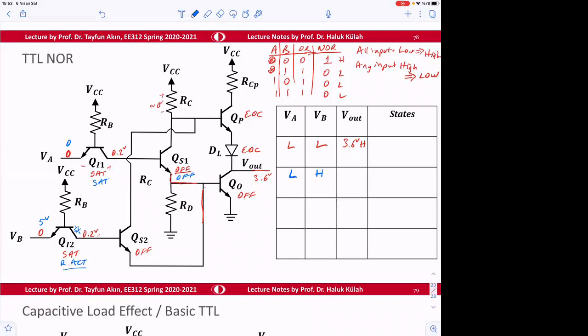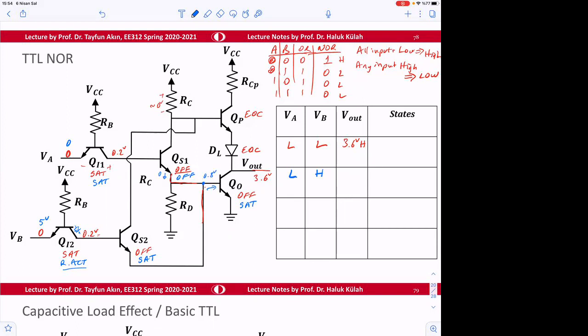So what is the state of QS2? Reverse active... sat. If this one is sat, then this gives a lot of current here. No current is coming from here. This is 0 current, but a lot of current is coming from here. Therefore, this becomes sat. If this becomes sat, then this voltage is 0.8 volts.